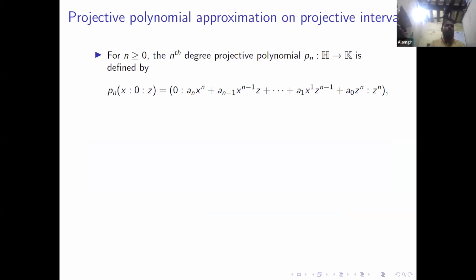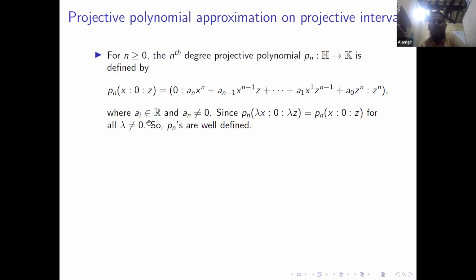Now we discuss projective polynomial approximation on the projective interval. First of all, we define the projective polynomial. Here we consider the polynomial Pn from H to K, which is defined like this: a_n x to the power n plus ... plus a_0 z to the power n, where the a_i are all real and a_n is not equal to 0. Also, if we calculate Pn of lambda x, 0, lambda z, where lambda is not equal to 0, then this is equal to Pn of x, 0, z.